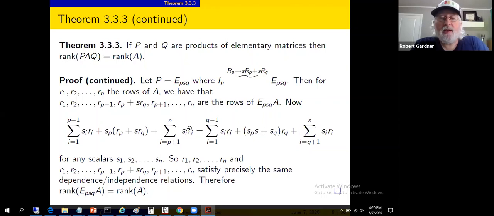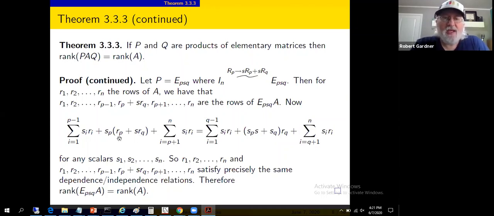Here they are when i is between p plus 1 and n. And right here, there's what we get when i equals p. It's this thing that's extra. So on the right-hand side, let's rewrite this as a sum from i equals 1 to q minus 1, plus a sum from i equals q plus 1 to n, s sub i, r sub i. Everything's the same as the qth one that's been messed up because you've picked up this extra s sub p times s, multiple of r sub q. All right, yeah.